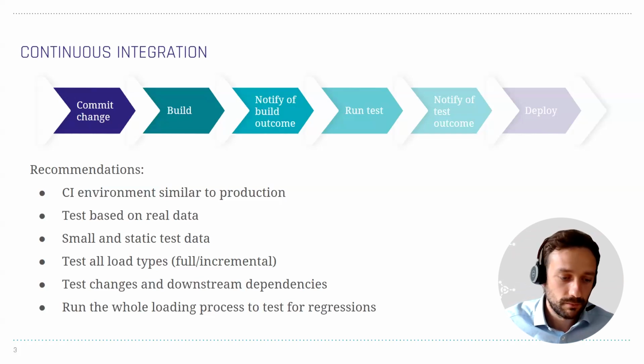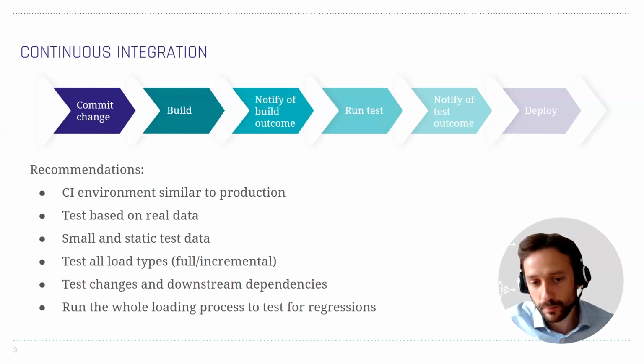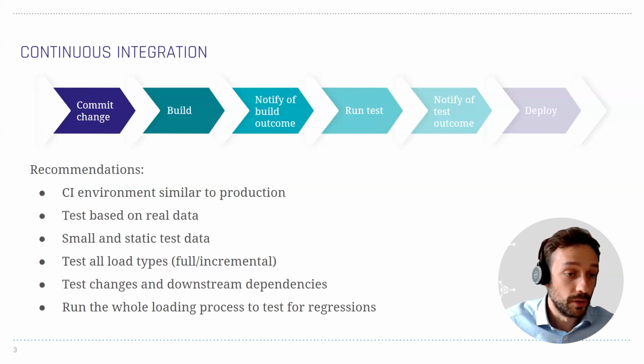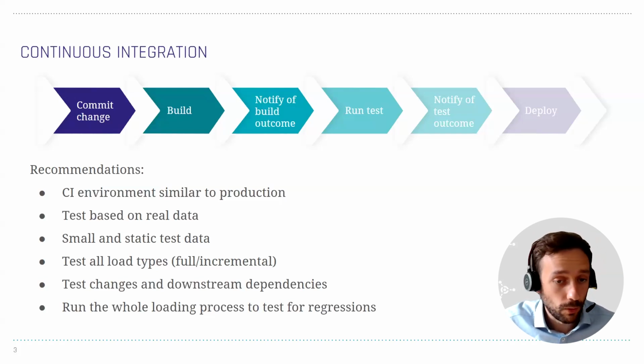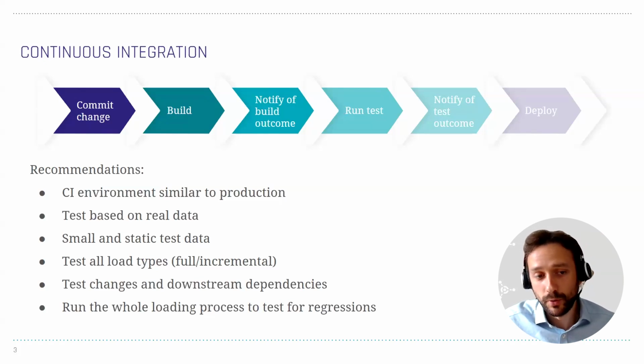Because you maybe have multiple environments. Our minimum recommendation is three environments: dev, UAT, and prod. But you could even have four or five environments, and then the CI/CD process is a bit more complex.